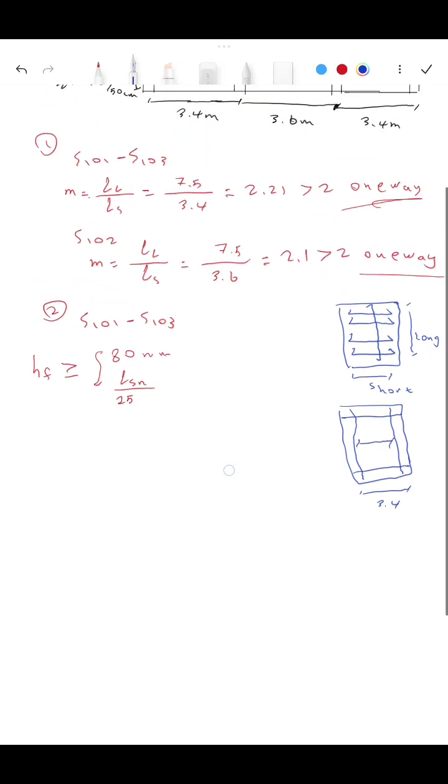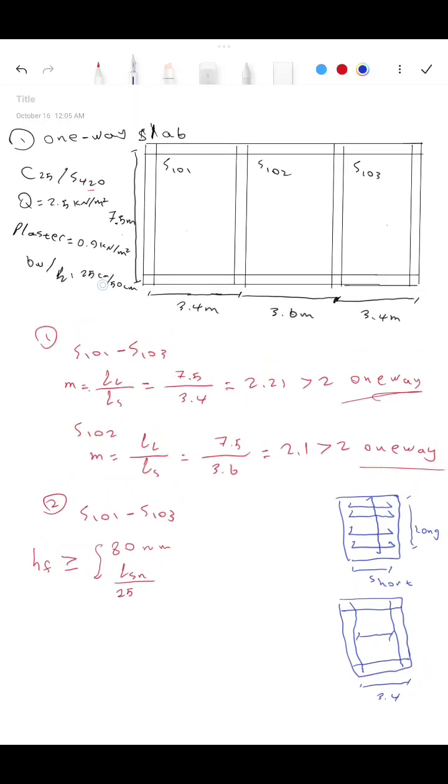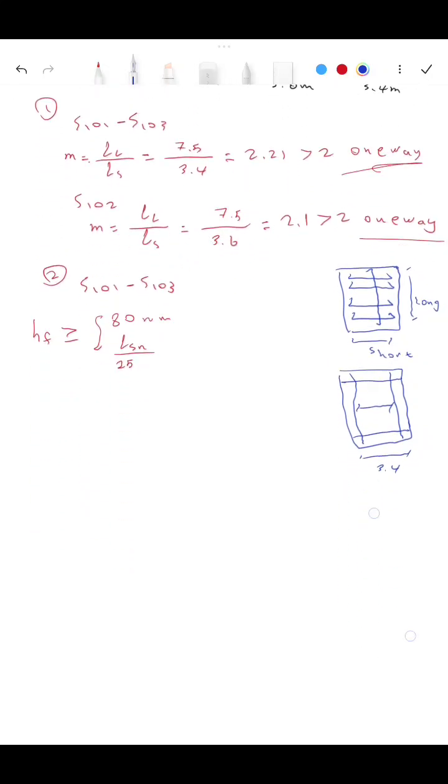As we had in the question, 25 centimeter is the width of the beam. Here we have 25 centimeters, so in meters it is 0.25, because this is in meters. So 0.25, and here we have 0.25. From the middle here to here, the distance will be half of this, and from the middle here to here, the distance will be half of this.